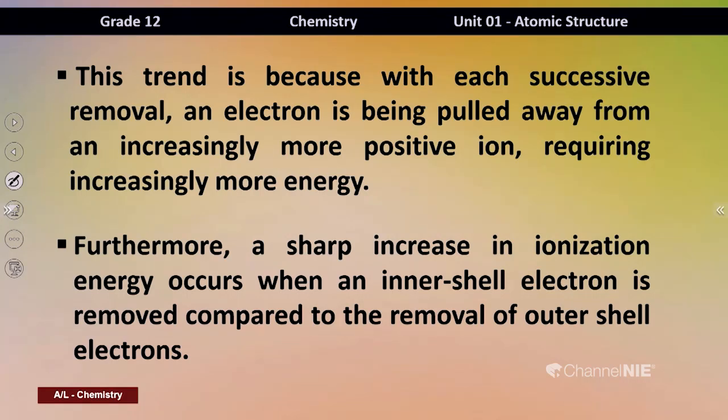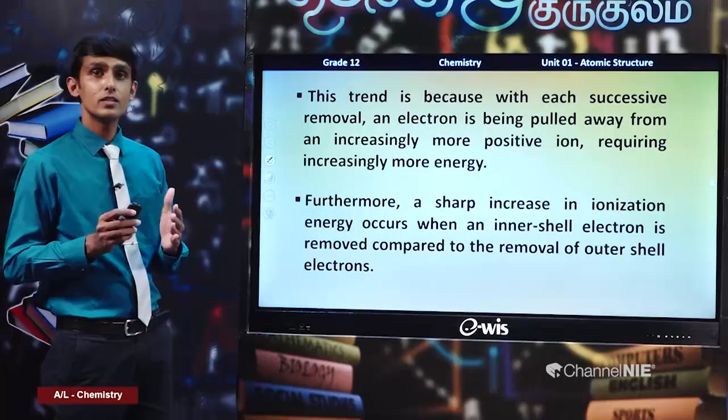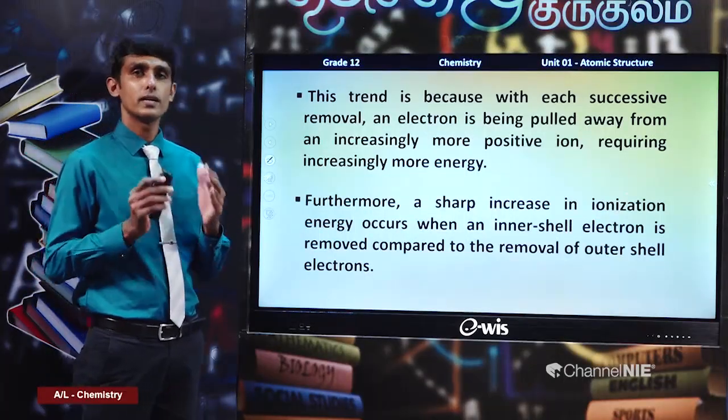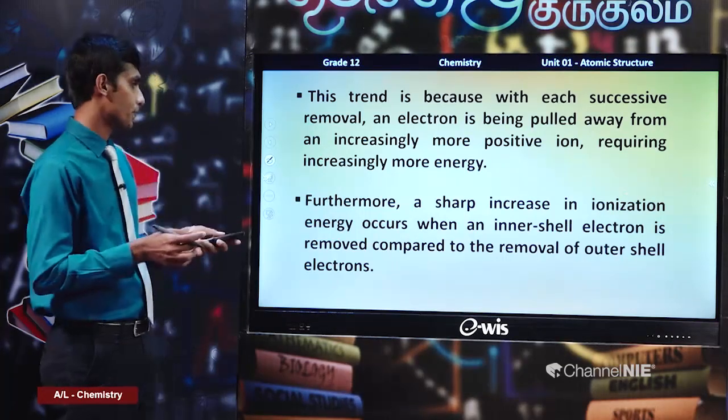With each successive removal, an electron is being pulled away from an increasingly more positive ion, requiring increasingly more energy. When electrons are removed from inner shells, there is a sharp increase. That was considered as evidence for the existence of energy levels, or the arrangement of electrons in energy levels.